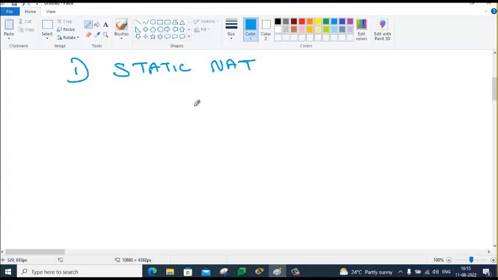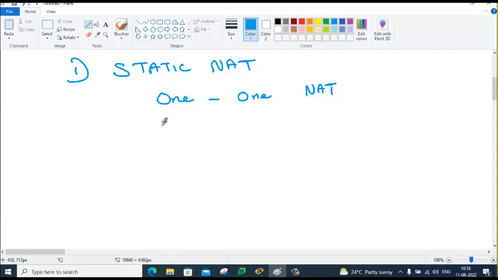What is static NAT? You give one private IP address a dedicated public IP address. One-to-one NAT. One-to-one NAT is what is called static NAT.